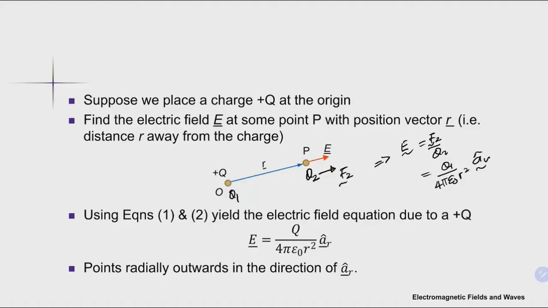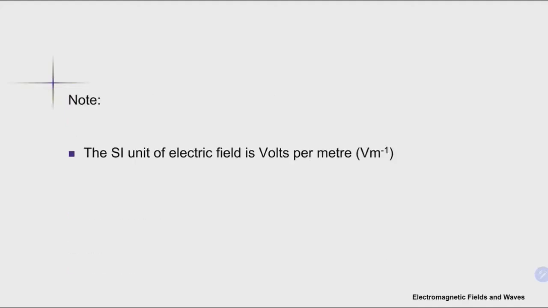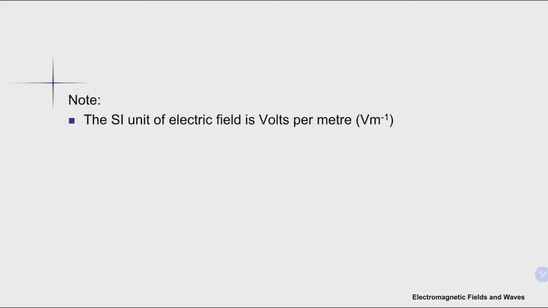So my electric field will be in the same direction as my unit vector R. So it's pointing radially outwards in the direction of the unit vector R. Okay, the units for electric field, that will be watts per meter.